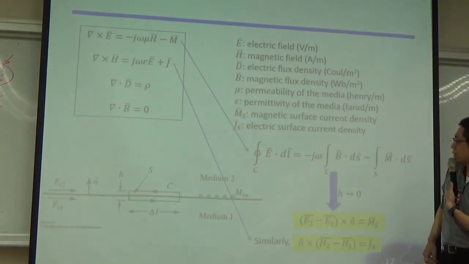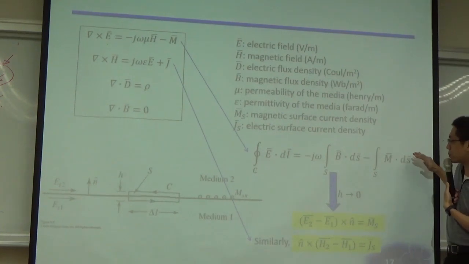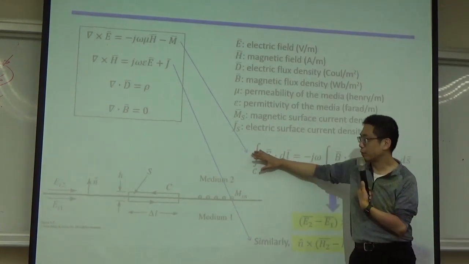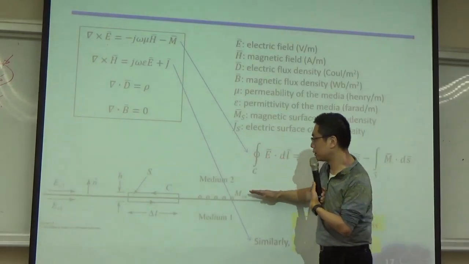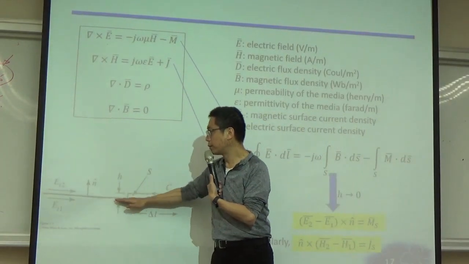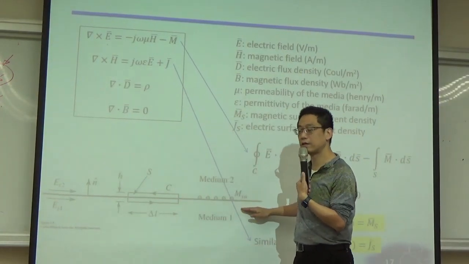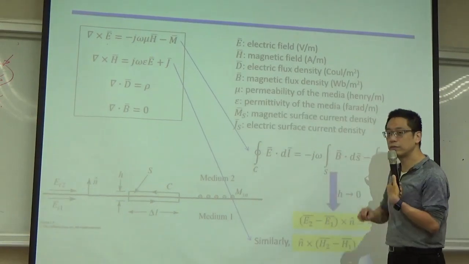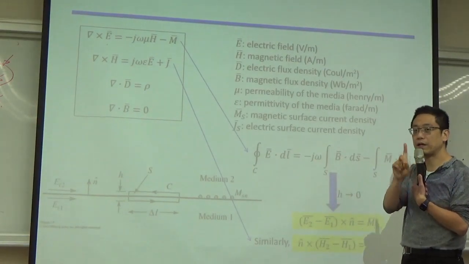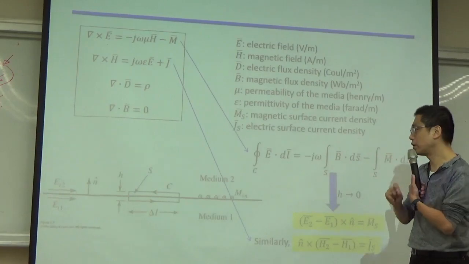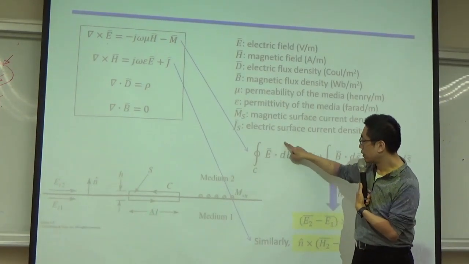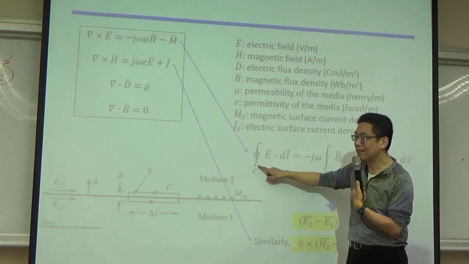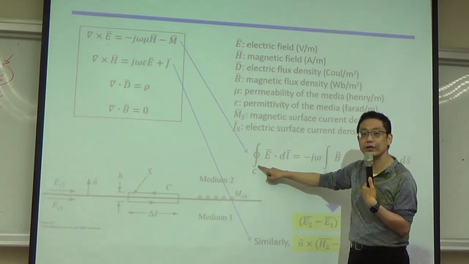Again, then how to apply Faraday's law on the boundary surface? We do a very similar thing, but now it's in 2D. Here, you see there is a linear closed integration.